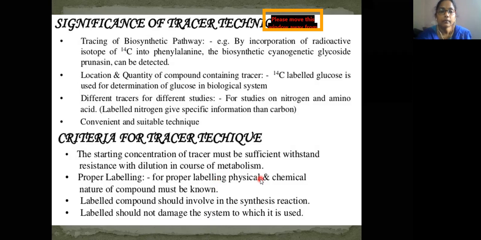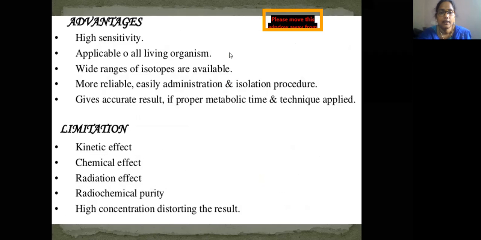So this is about significance and criteria, and let us see the advantages. Coming to the advantages, it is highly sensitive. The tracer techniques are highly sensitive and can be applied to all living organisms. We can use it in plants and also in biological systems, and a wide range of isotopes is available.